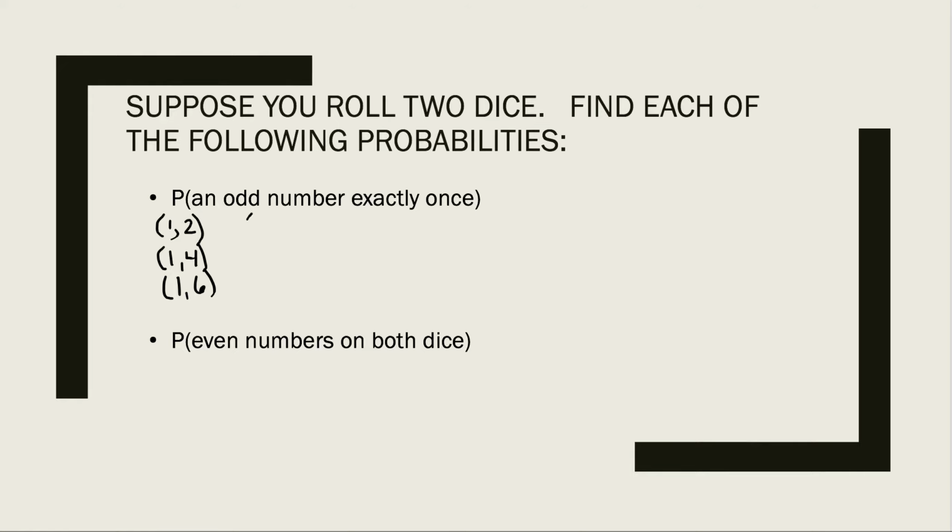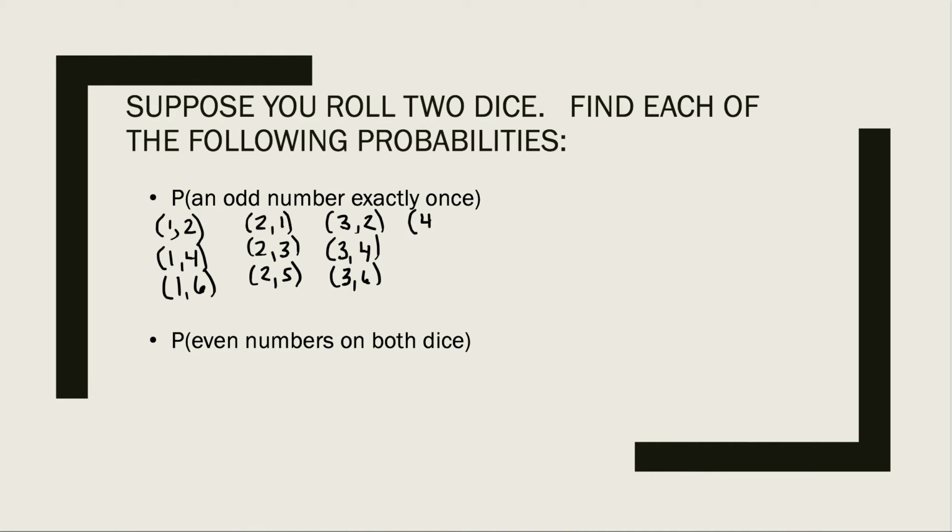All right, so for the 2, I could do 2 and 1. I could do 2 and 3. I could do 2 and 5. Again, we need the ones that start with 2s that only have one odd number. All right, for the 3s, I can do 3 and not 1 because that would be 2 odd numbers. So 3 and 2, 3 and 4, 3 and 6.